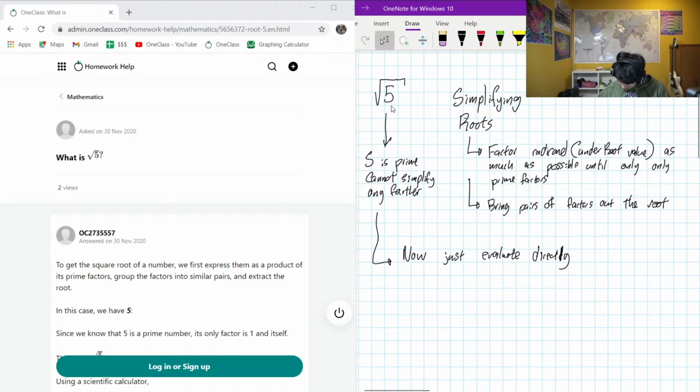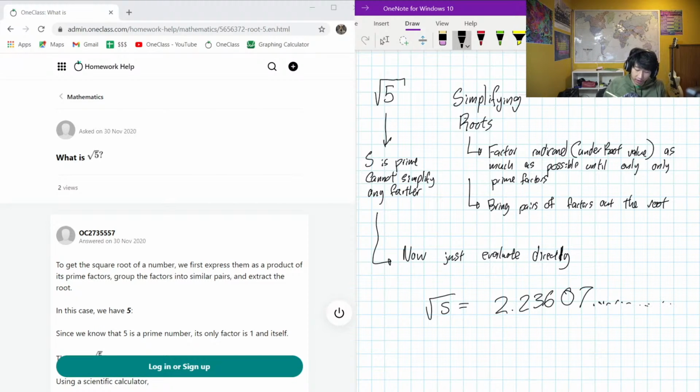The root of 5, I calculated that to be 2.23607, on and on and on. That 7 is rounded, but it's an irrational number. So if you wanted to write out all the decimals, you would spend the rest of your life doing that, and you wouldn't even get it done.